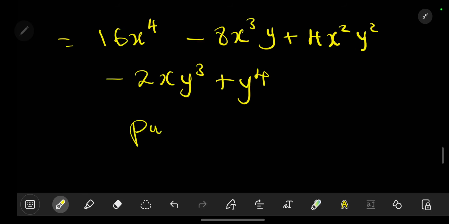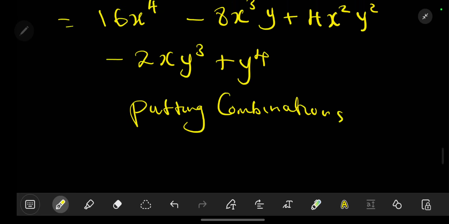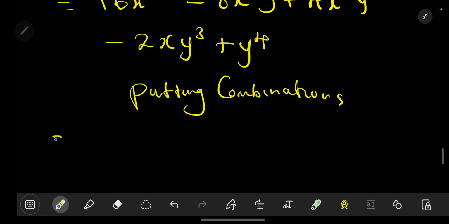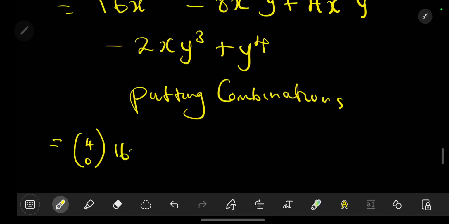Now putting the combinations. I did this because of space. We are going to have 4 combination 0 times 16x to the power 4. This will prevent you from making mistakes.